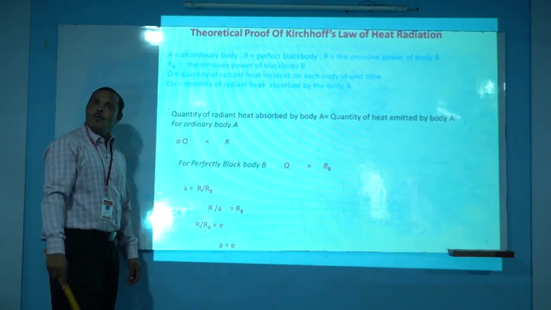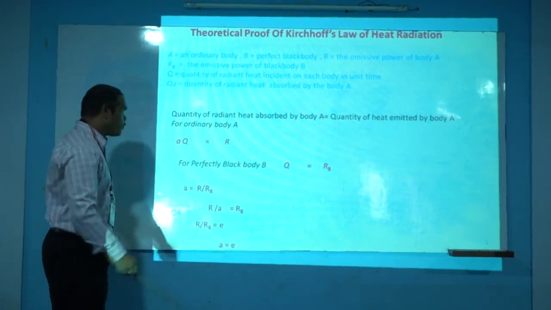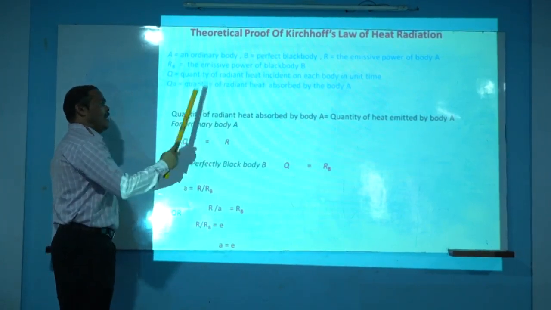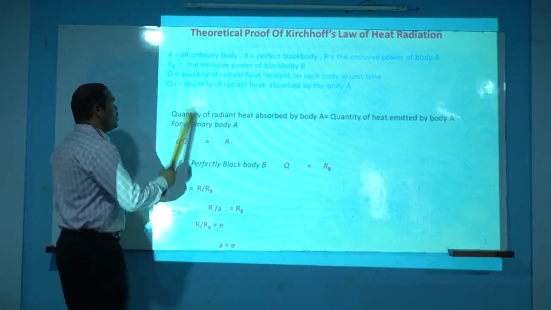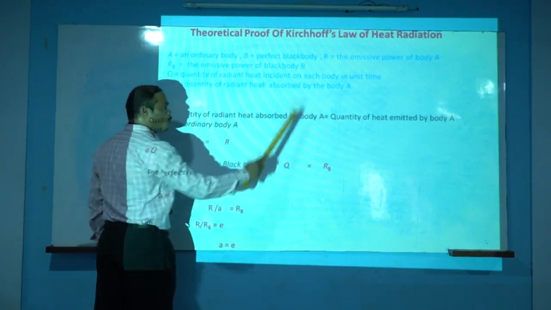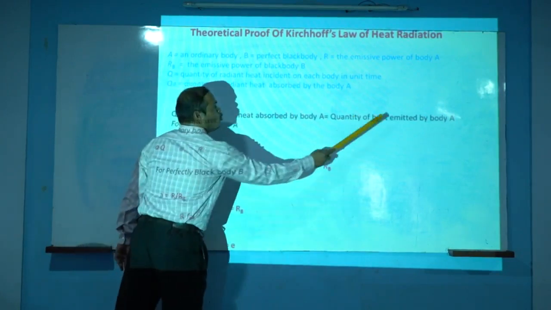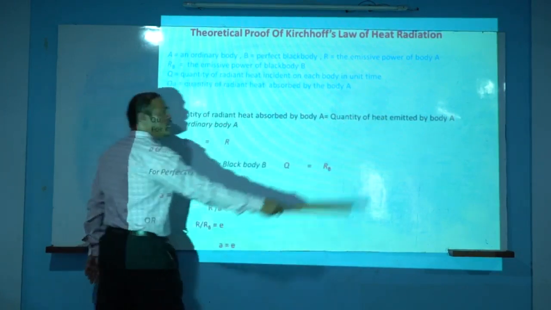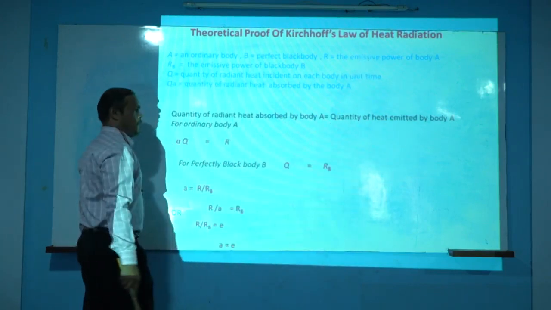Then we can apply the equation for ordinary body A: the quantity of heat radiation absorbed by the ordinary body is equal to the quantity of heat radiation emitted by the body.